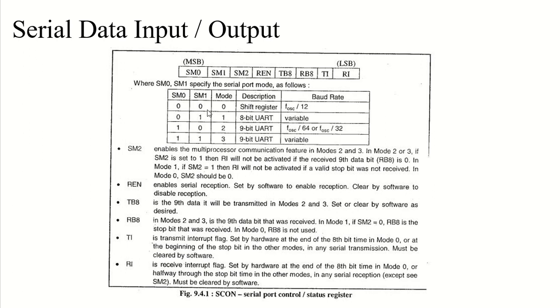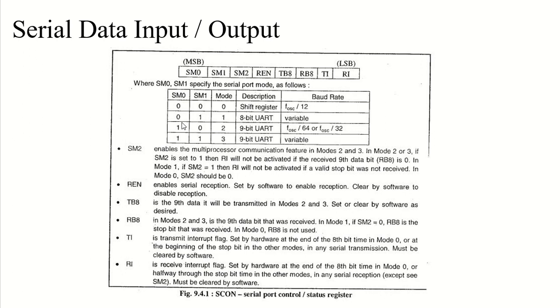With mode 0, we will have SM0 and SM1 both 0. It would work as a shift register. The baud rate would be FOSC by 12. When we use it as an 8-bit UART in mode 1, we have SM0 equal to 0, SM1 equal to 1, and the baud rate would be variable.